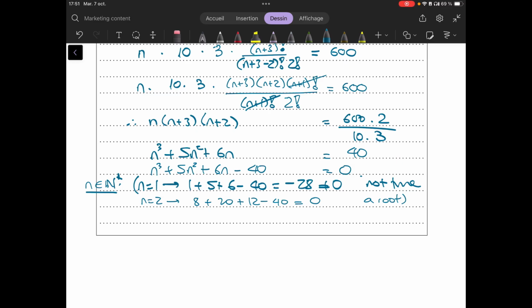So if n equals 2 is a root, we can then factorize this cubic completely. Minus 2n squared plus 7n squared minus 14n plus 20n minus 40 is equal to 0.